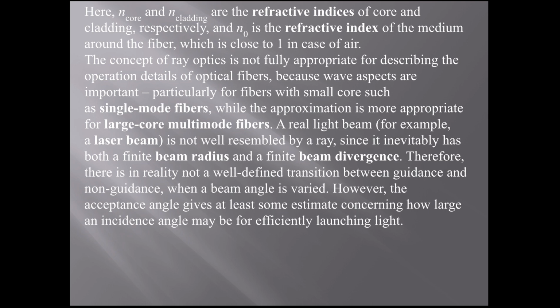A real light beam, for example a laser beam, is not well represented by a ray since it inevitably has both a finite beam radius and a finite beam divergence. Therefore, in reality there is no well defined transition between guidance and non guidance when a beam angle is varied. However, the acceptance angle gives at least some estimate of how large an incident angle may be for efficiently launching the light.